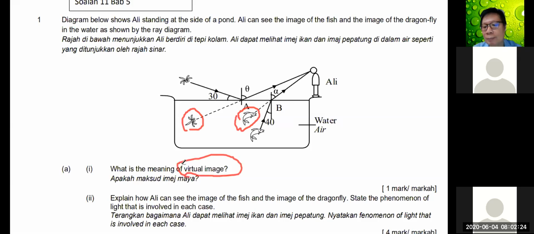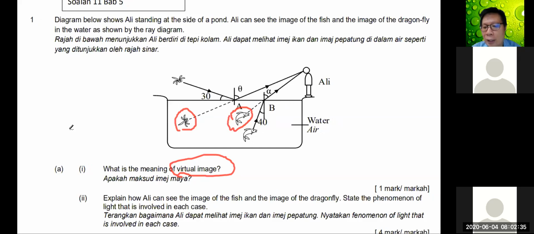Virtual is what? What is the meaning of virtual image? Okay, never mind. We see the question first. Later on, we're going to see the answer. Virtual means what? Any idea? Do you know what is virtual image or not?